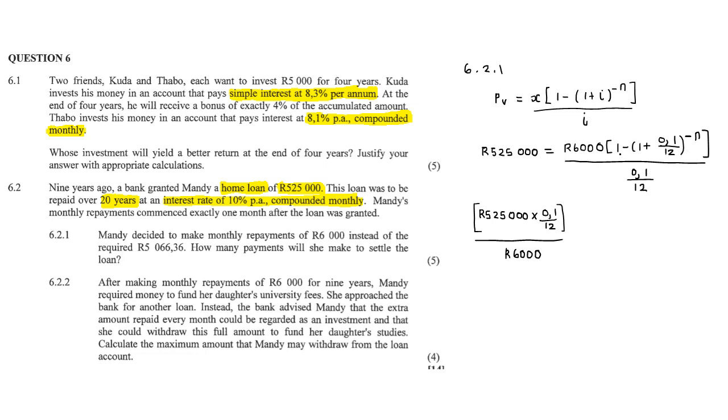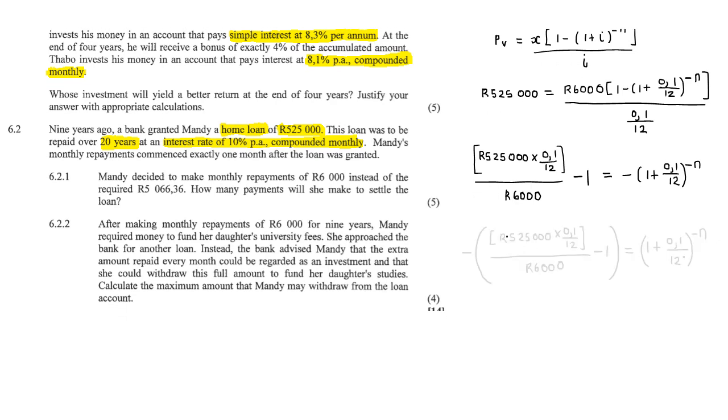Then we can subtract 1 from both sides. The 1 will disappear from here and show up on this side, and that's going to be all equal to negative 1 plus 0.1 divided by 12, all of this to the exponent negative n. Now all of this on the left hand side has to be divided by negative 1.